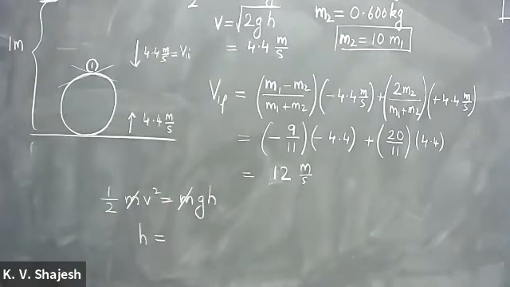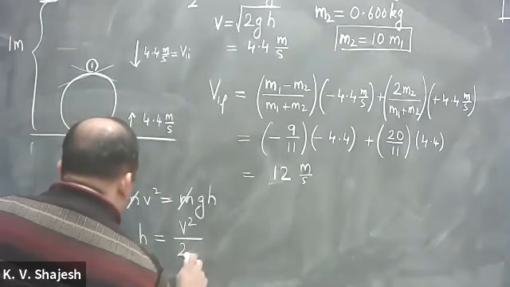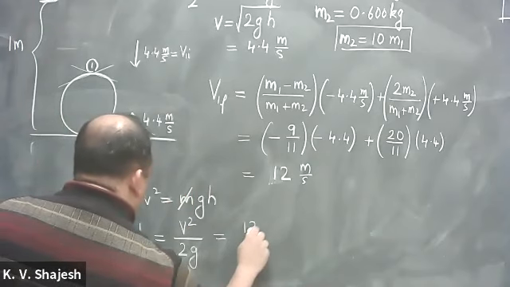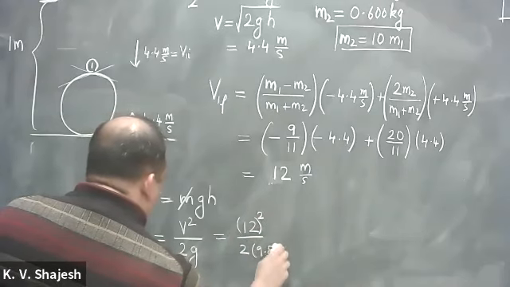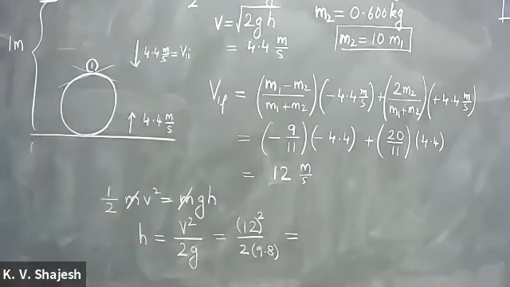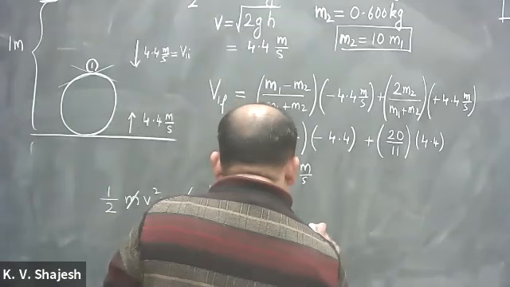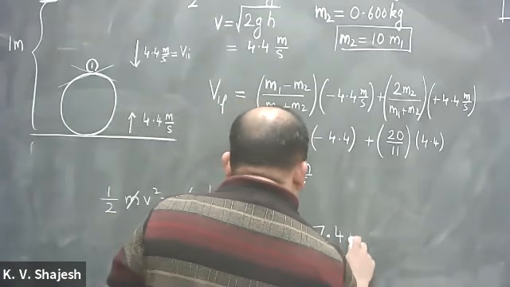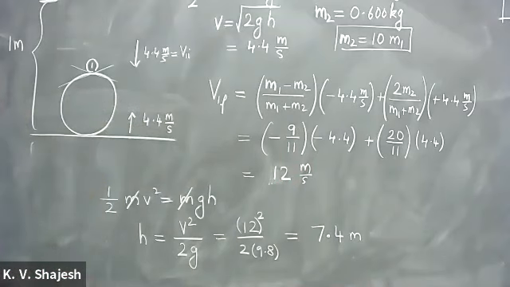So h is equal to velocity squared over 2 times g. So that's 12 squared divided by 2 times 9.8, and that's equal to 144 divided by 19.6, which is about 7.4 meters. Significantly larger. It was dropped from 1 meter and it is now going 7.4 meters.